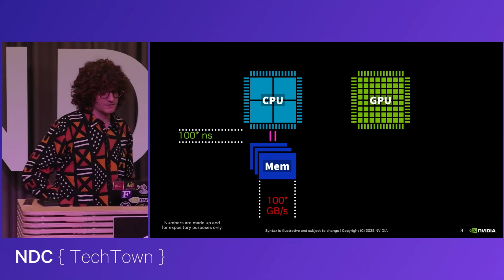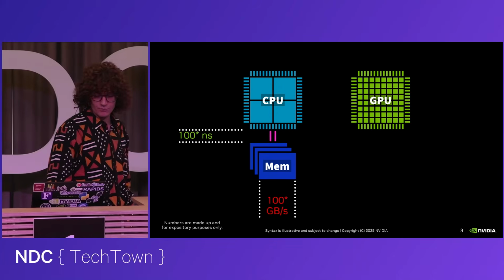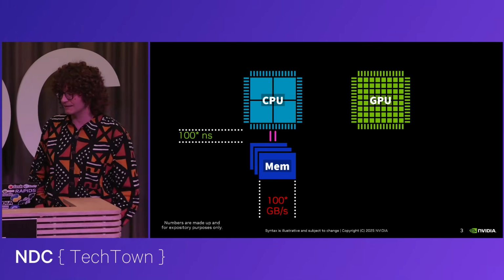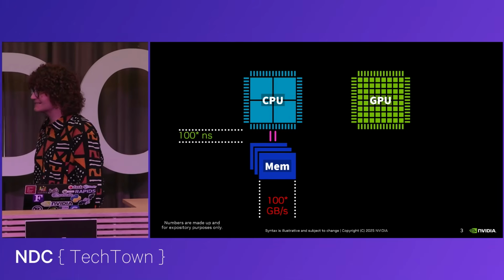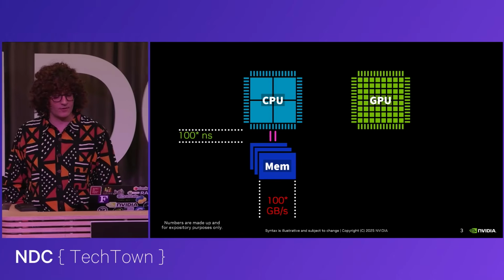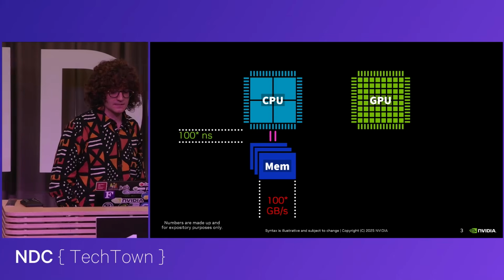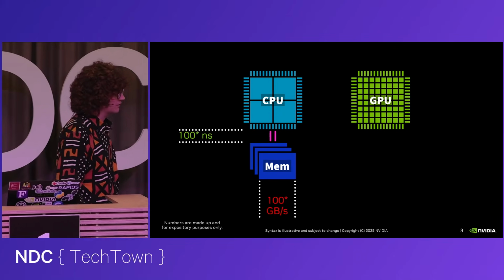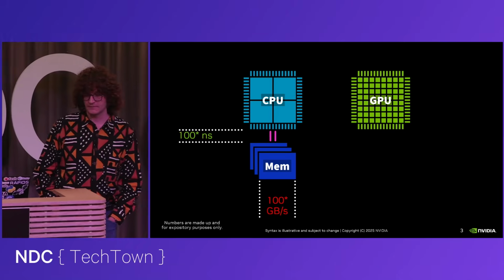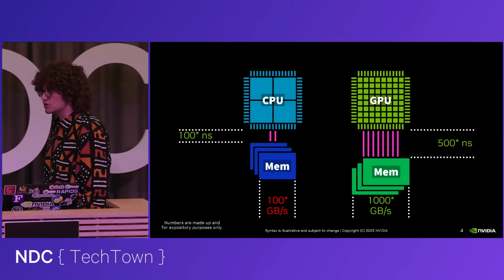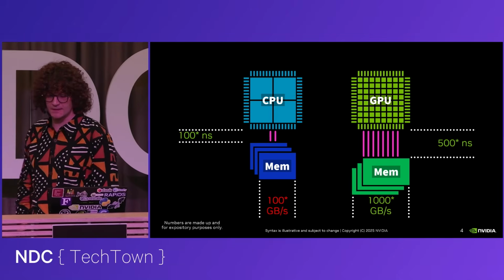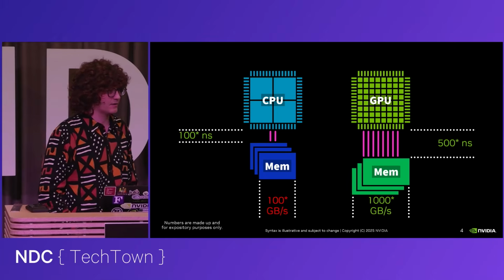CPUs are optimized for latency. They have more powerful cores and threads, but fewer of them. They have less latency to access memory and a lot more memory to access, but at the cost of lower throughput. GPUs, on the other hand, are optimized for bandwidth and parallelism.